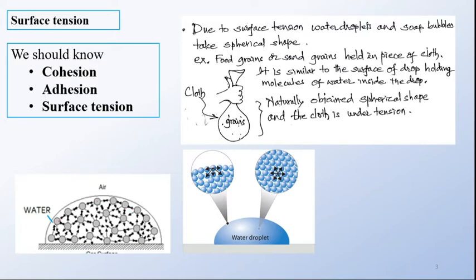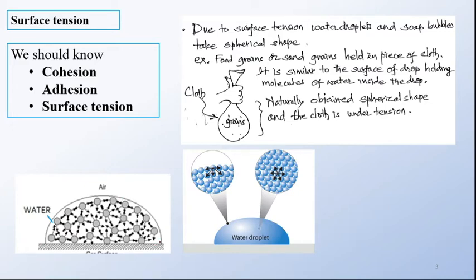So if you observe all the molecules on the surface, they are holding hands and protecting the molecules which are inside. So these molecules present on the surface act like a cloth to hold the grains inside. Obviously, the molecules which are holding all other molecules inside will be under tension.